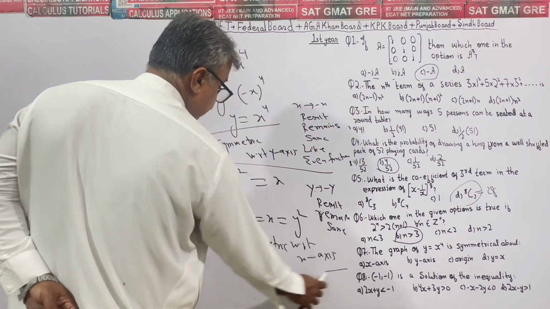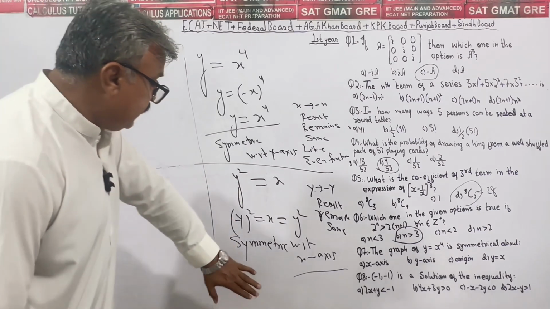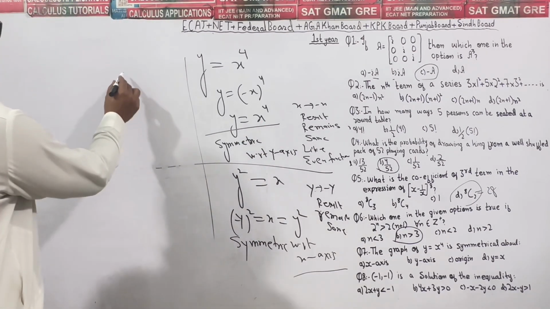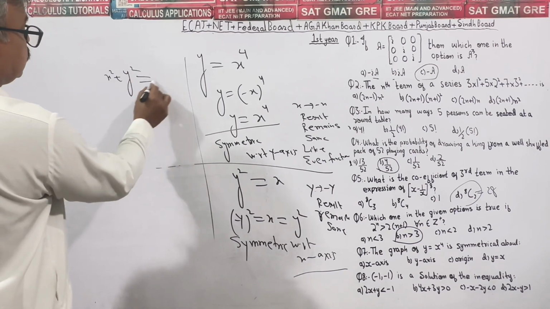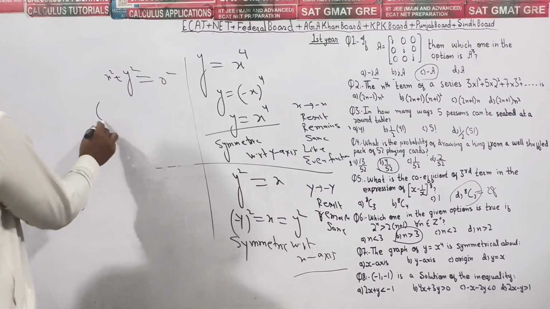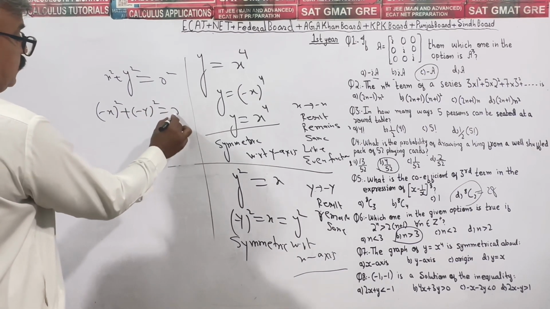If an equation is symmetric with respect to both x and y, it is known as symmetric with respect to the origin. Like x squared plus y squared is equal to r squared, the equation of a circle. Replace x by minus x and y by minus y, and it is still r squared.